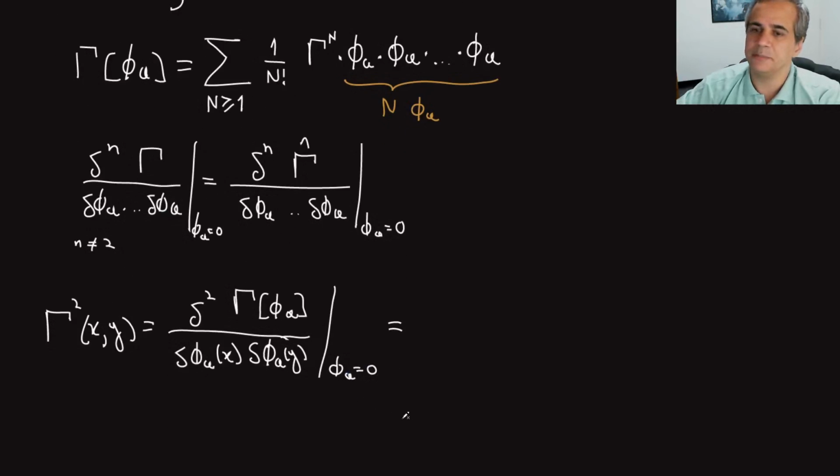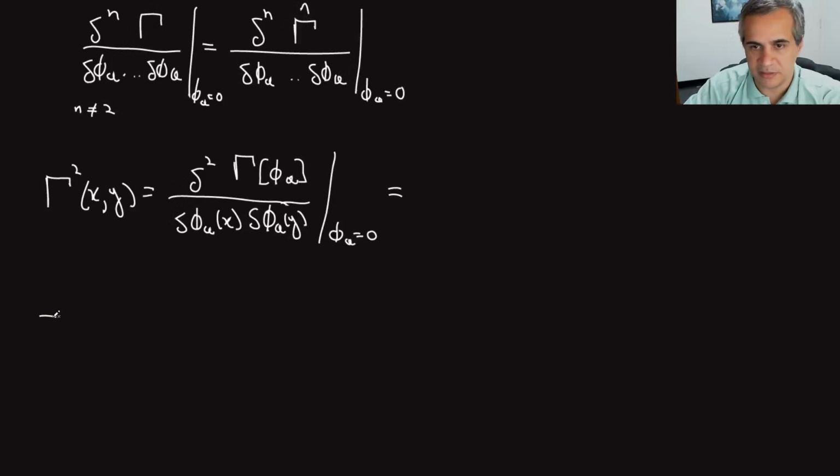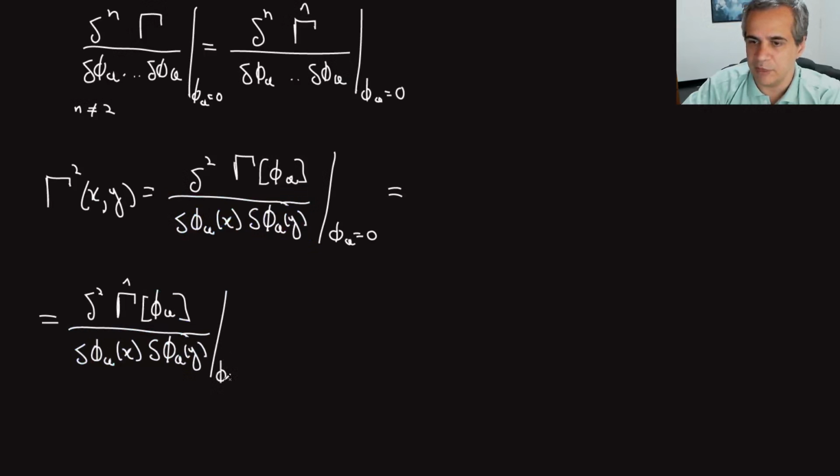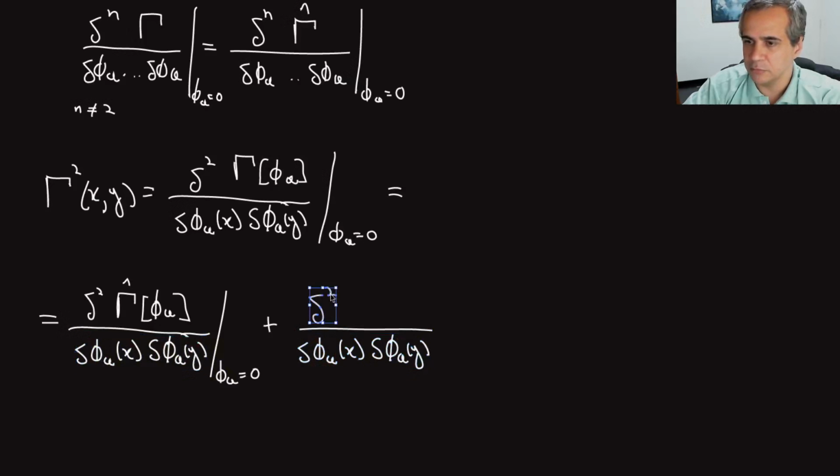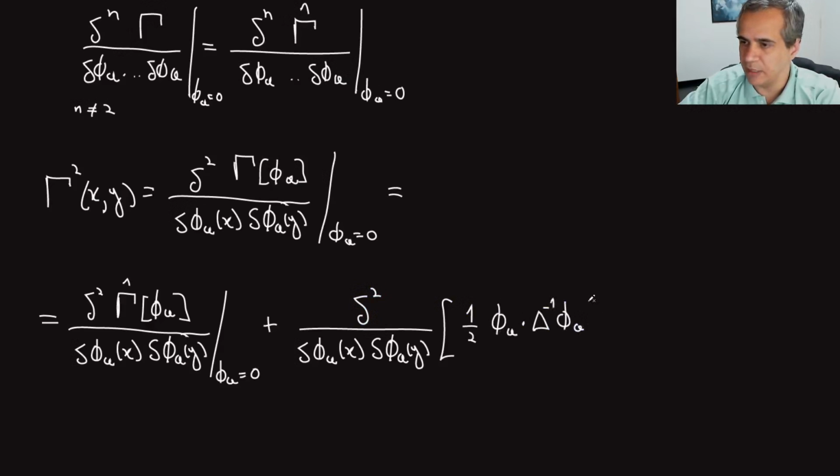Let's write this explicitly. So this is equal to, first, I have a term which is just gamma hat, differentiated in relation to these variables when phi classical is 0, plus the second derivative, again in the same two variables, of that extra term I had, which is half of phi classical times delta to the minus 1 times phi classical.